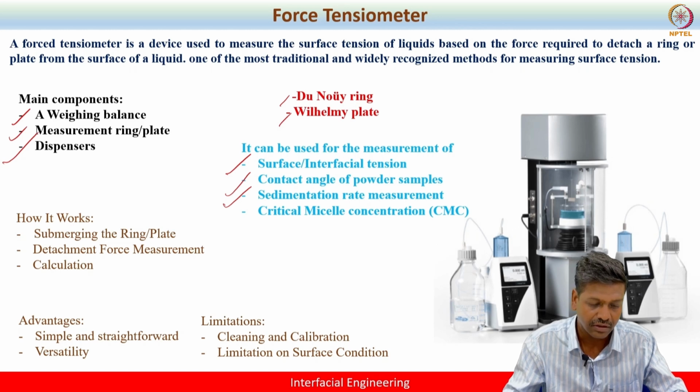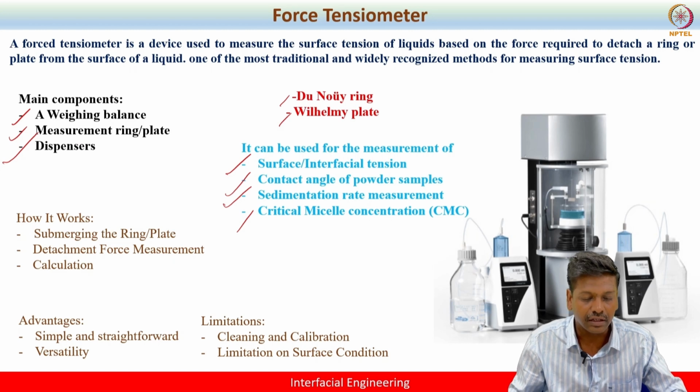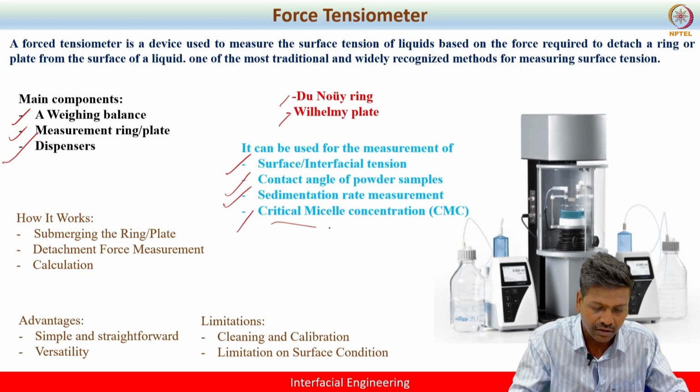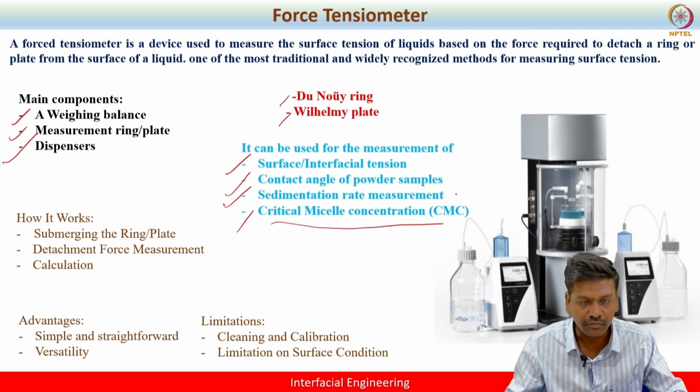Last but not least, the critical micelle concentration of any given surfactant can be determined using the force tensiometer. We will cover the critical micelle concentration in more detail in module 3.